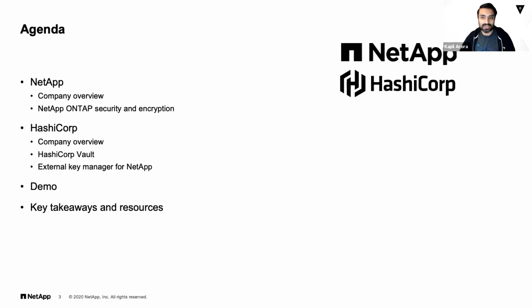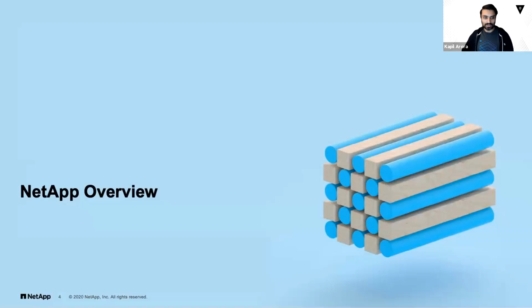And then David has prepared a live demo for us, which I'm also very excited about. And we will finish the presentation with some key takeaways, and we will share some resources at the end. So at this point, I will hand it over to David, and David will share his screen and talk about NetApp and NetApp encryption and security.